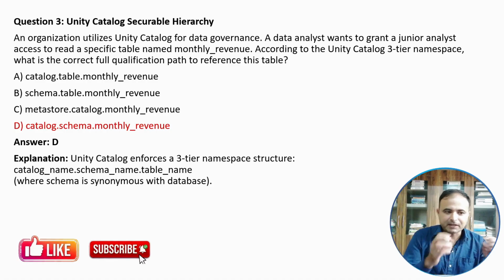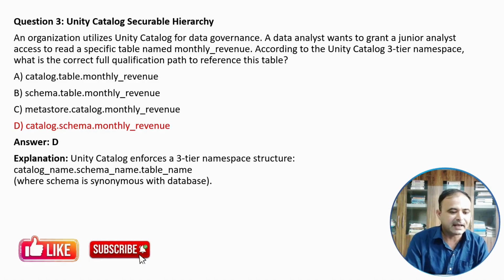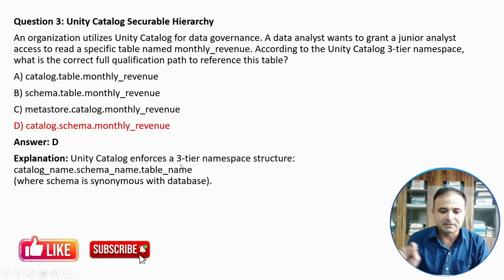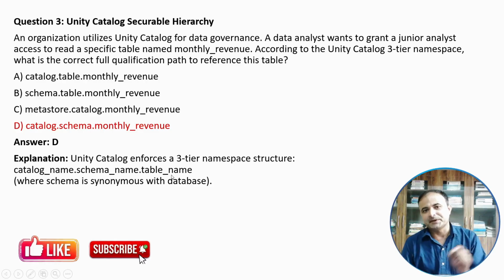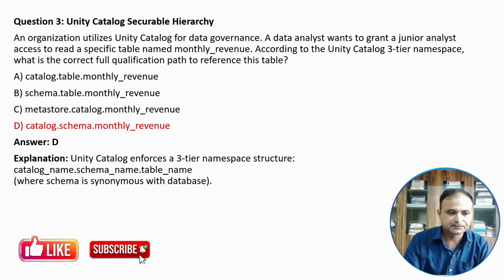The correct path is catalog, schema, and monthly revenue, which is the table. That is the complete hierarchy: for the three-tier namespace, catalog, schema, and the table name. If I'm talking about previous setups, there is no need to discuss Hive Metastore or similar. Just focus on Unity Catalog. That is well covered.